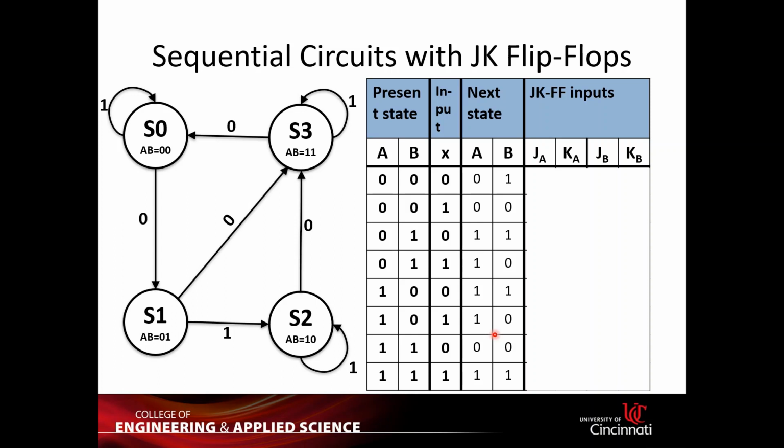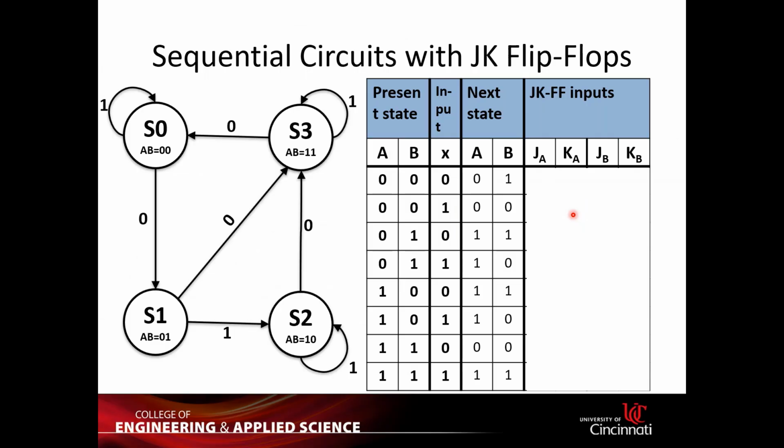But here's the next question that I will ask you, and you can pause for a few seconds to look back at the previous lecture. What are the properties of your JK flip-flop? That means if you give a combination of J and K, what will be the next state for the output of the JK flip-flop? So let's pause for a few seconds there.